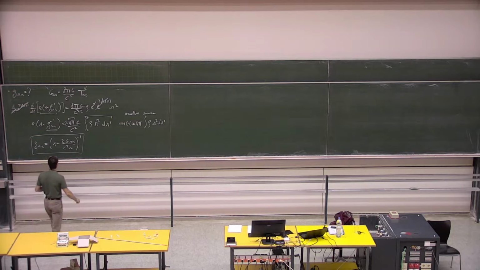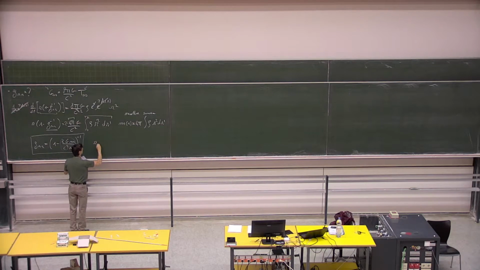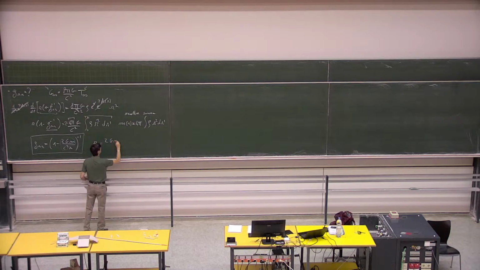Then we can do something. You see we have this guy as the unit of a length. Therefore, we can define what is called the Schwarzschild radius, Rs, which is equal to 2GM over c squared.